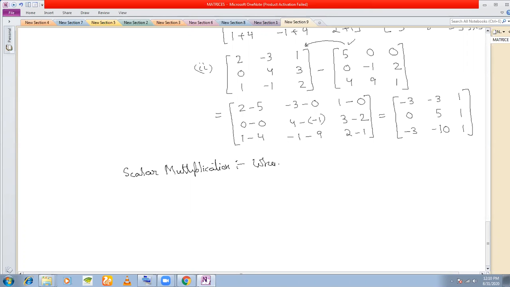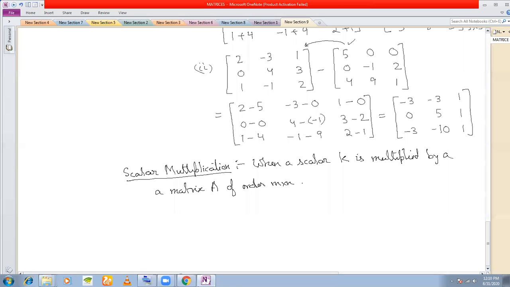When a scalar k is multiplied by a matrix A of order, say, m by n, then the resulting matrix kA is of order m by n. Okay, example.